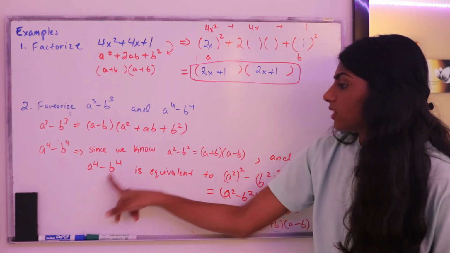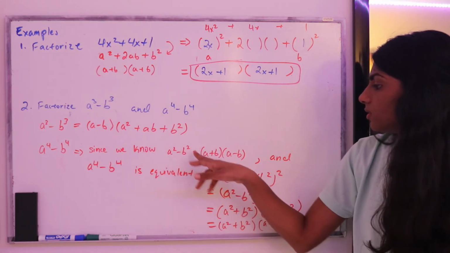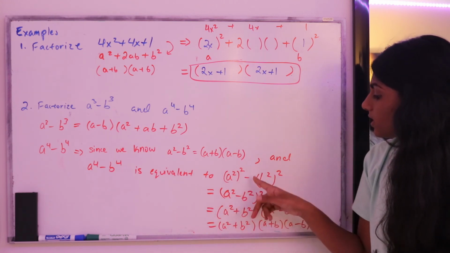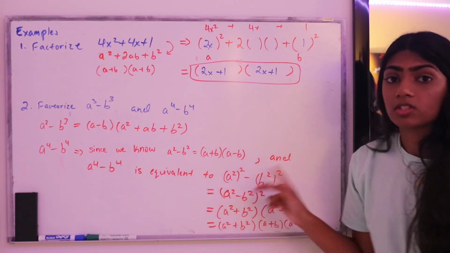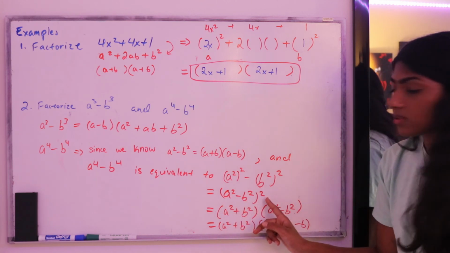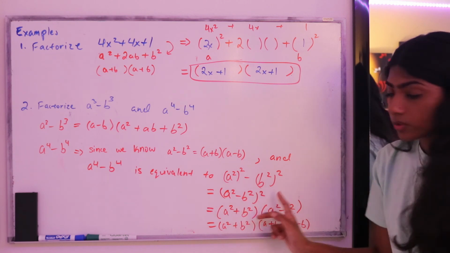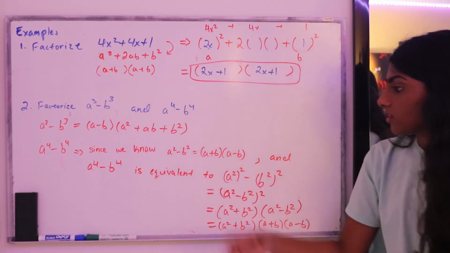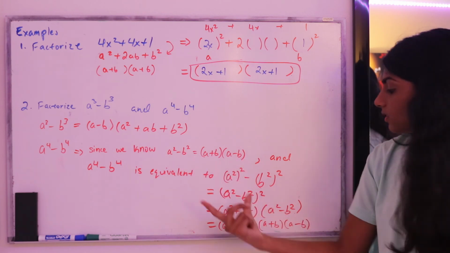So now that we turned this into this, we can see the factorization. What I did is I wrote a squared squared minus b squared squared, and since each term is squared, we can make the whole thing squared, so we get a squared minus b squared, whole squared. And this looks very similar to this. So now I'm just going to apply the factorization from this into this.